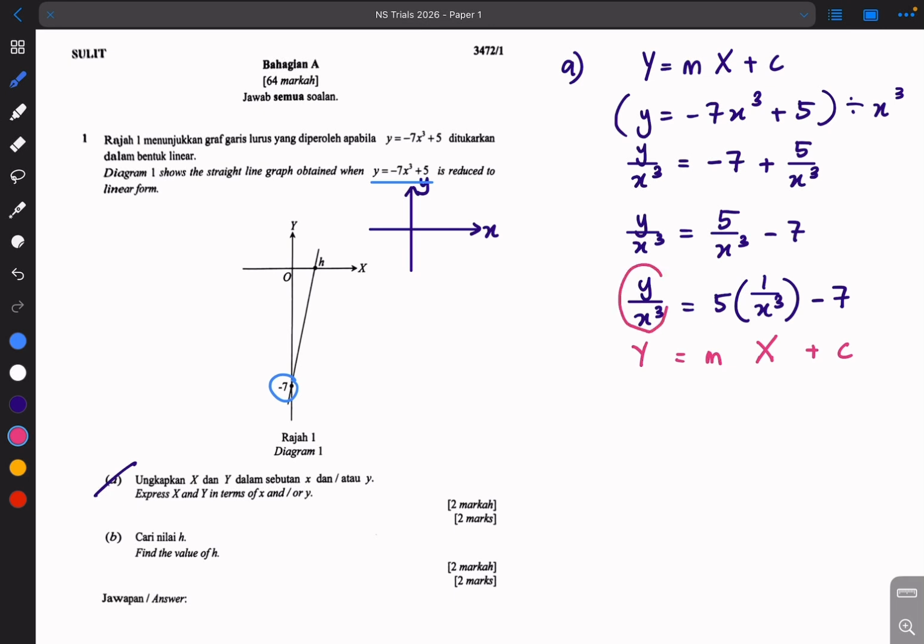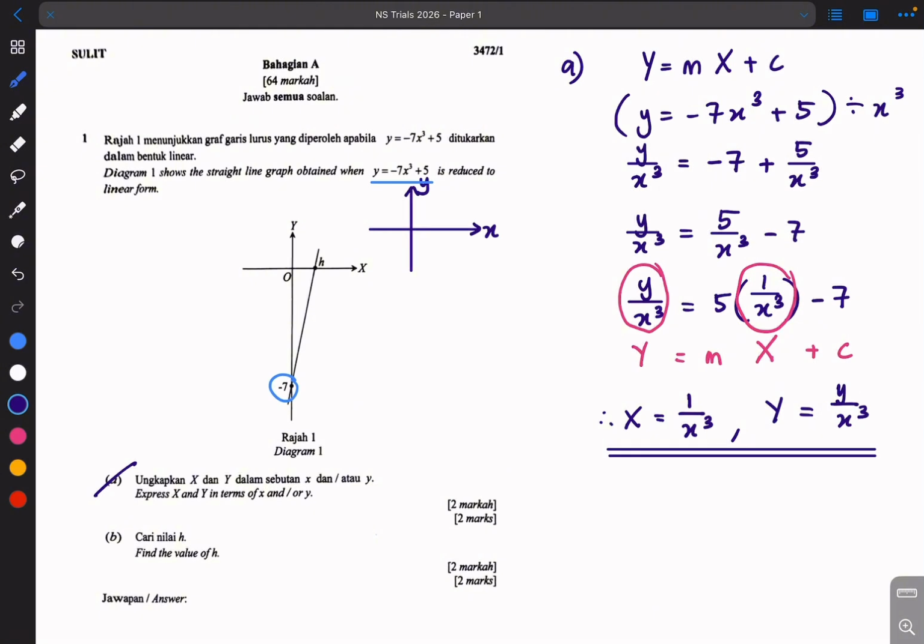So y-axis is this, x-axis is this, y-intercept checks out now. Y-intercept is negative 7, right? And our gradient would be 5. That one later maybe we can use. So we can straight away answer A already. A, we can say x-axis is 1 over x cube, and y-axis is y over x cube. This will be our final answer.